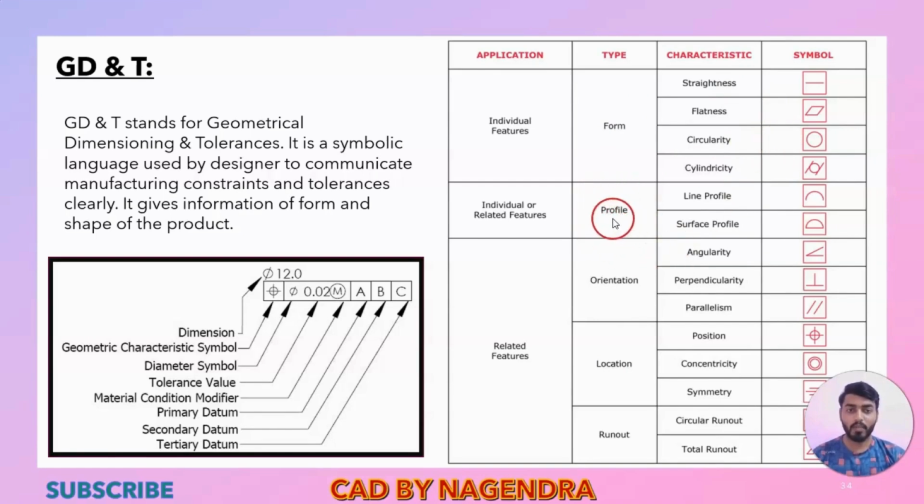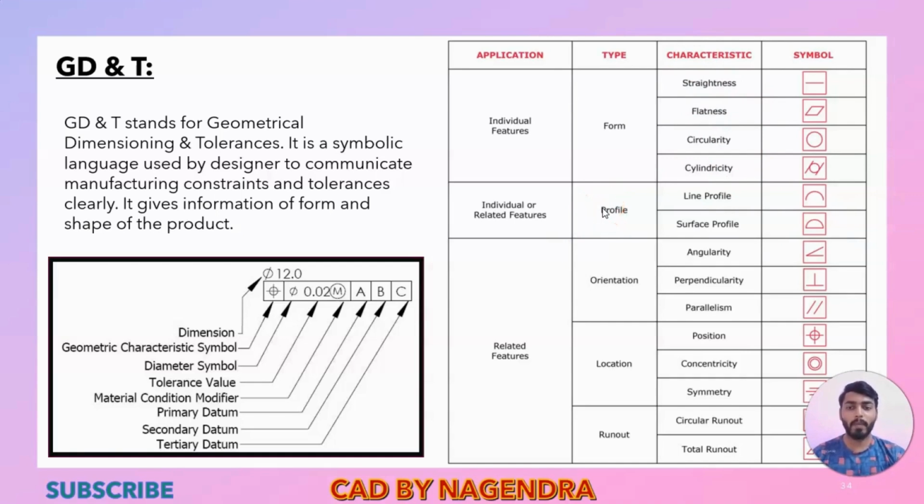Then under the profile category, we have line profile and surface profile. Under orientation, we have angularity, perpendicularity, parallelism. Under location, position, concentricity, symmetry. Then under runout, we have circular runout and total runout. One by one we will see these GD&T symbols in the next slides.